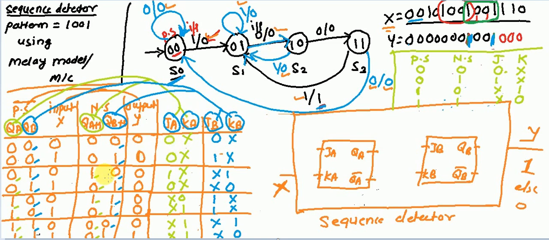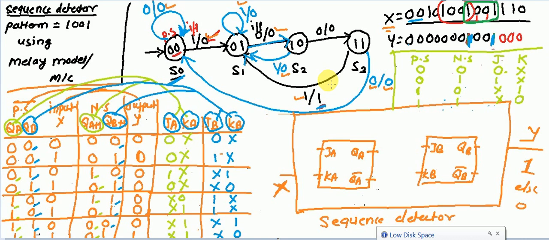Then next state 10 with input 0 reaching to 11, generating the output 0. 11 state with input 0 reaching to S0, generating the output 0. So I have explained each state with the input 0.